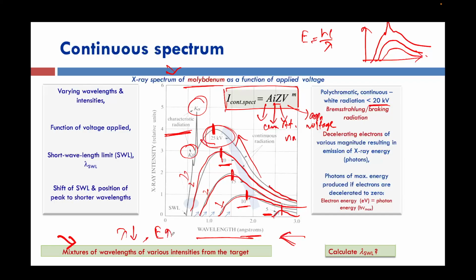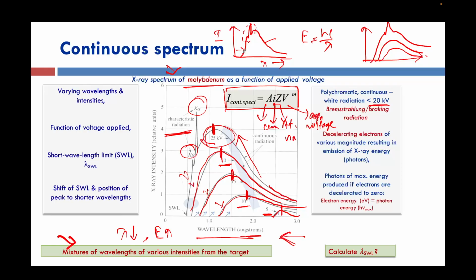So this is a typical plot, and I am drawing it once again. This is a typical plot for an X-ray. Here it is X-ray intensity, and here it is wavelength. These are the characteristic radiation, and all of these other things are called white radiation.